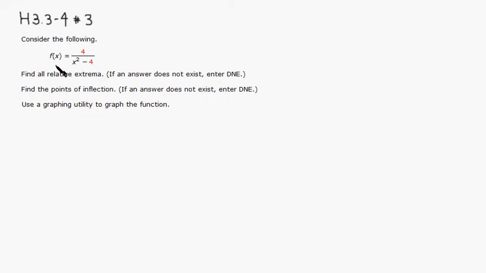We need to take the derivative so that we can find critical numbers. So f prime of x is equal to, we can use the quotient rule: square the bottom, so quantity x squared minus 4 squared.